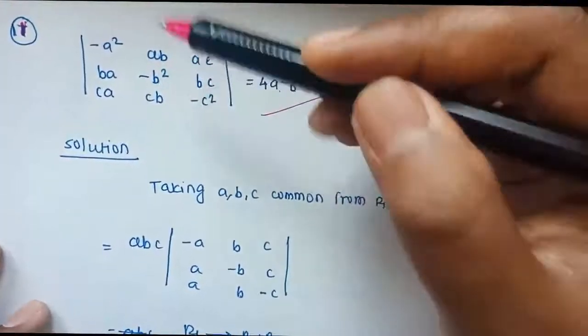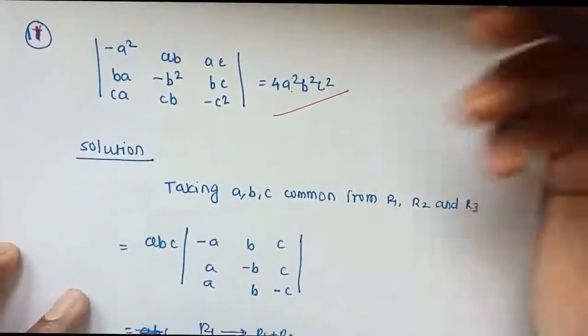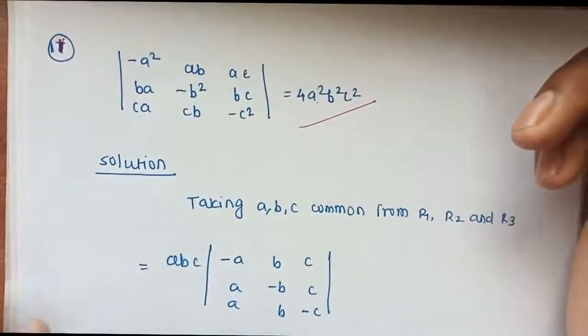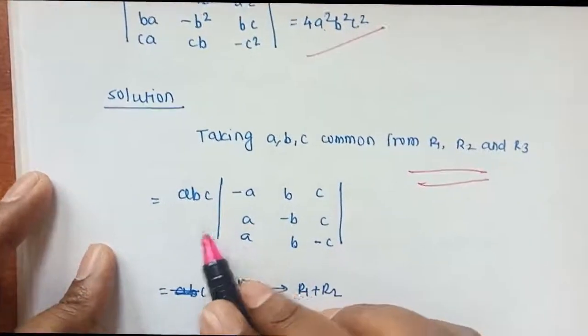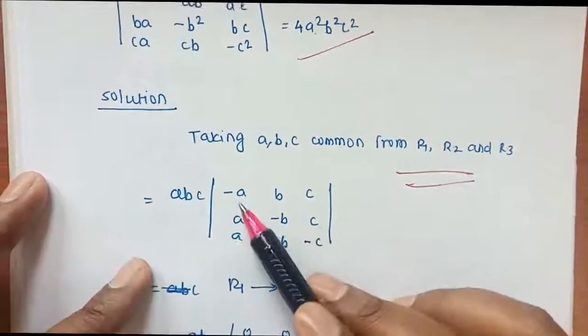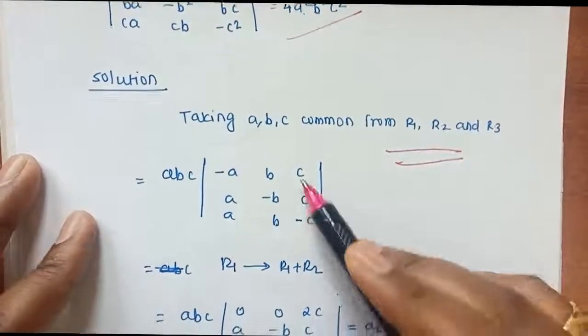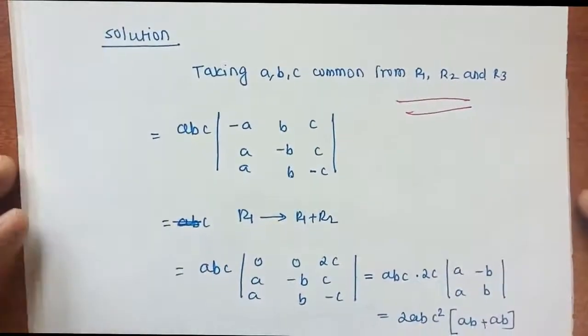And in the third row I can take common as c, so it will become a, b and minus c. So I can take a from the R1, b from the R2 and c from the R3. So that's what I have done here. So I took ABC common, so I can write ABC determinant of minus a, b, c; a, minus b, c; a, b and minus c. This I got after taking the ABC common from the respective rows.